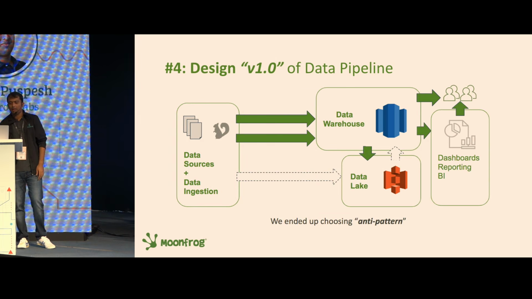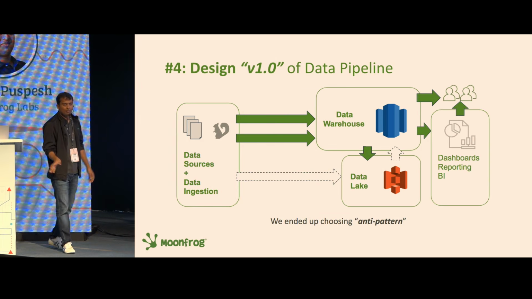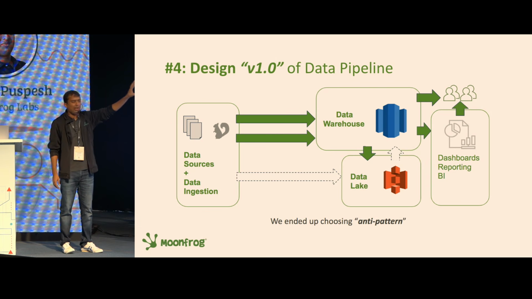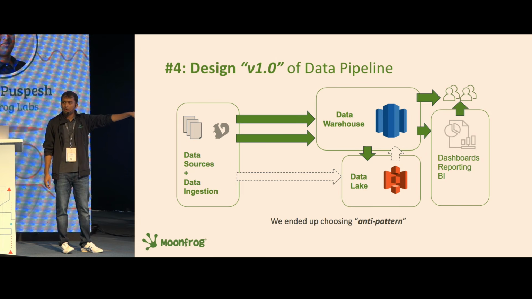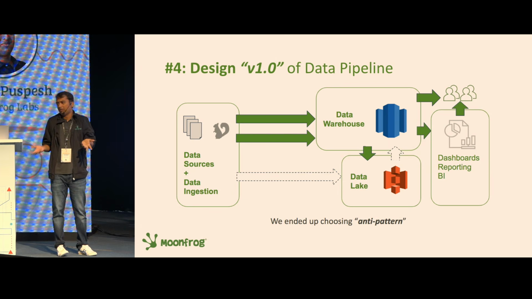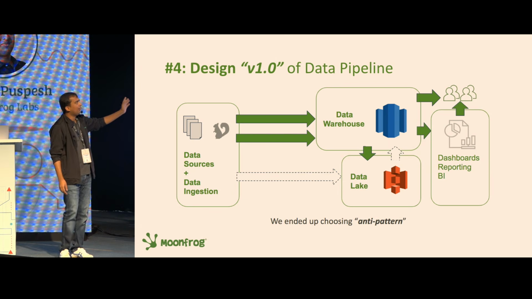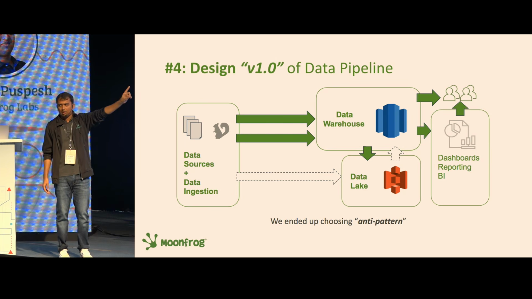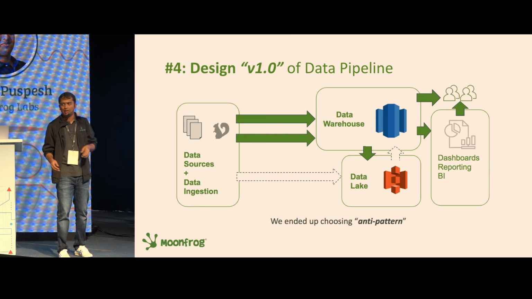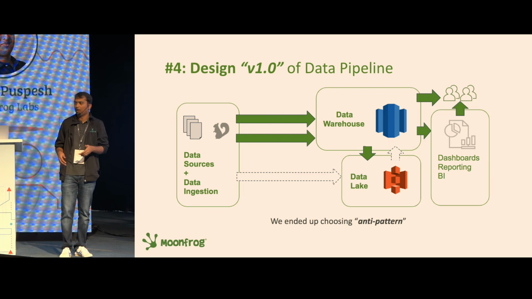So this is the pipeline we started with. Data sources and data ingestion we kind of merged. We made a thick client which we called Squirrel, which is internally developed. It was a thicker client, because we didn't have time to architect it fully, and it inserted directly into the data warehouse. This was the big anti-pattern, as we figured out, people call it in AWS.